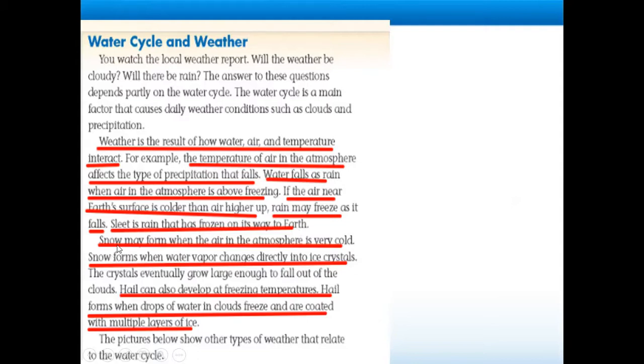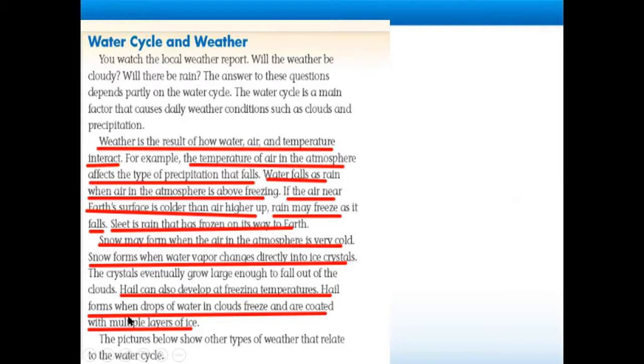Now, snow may form when the air in the atmosphere is very, very cold. Snow forms when water vapor changes directly into ice crystals. Now, the other kind of precipitation, hail, the last one. Hail can also develop at freezing temperatures.